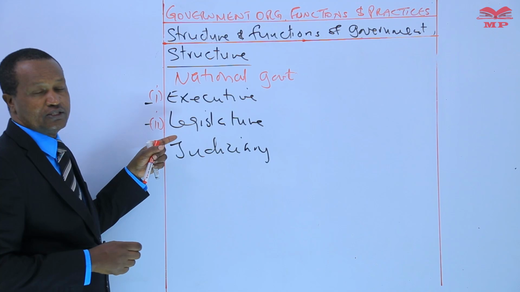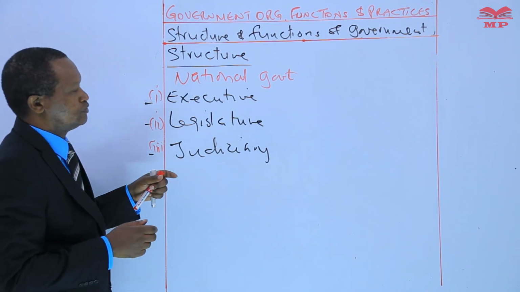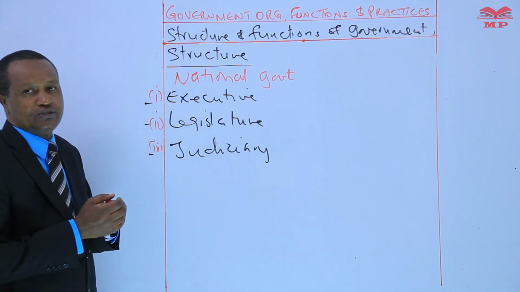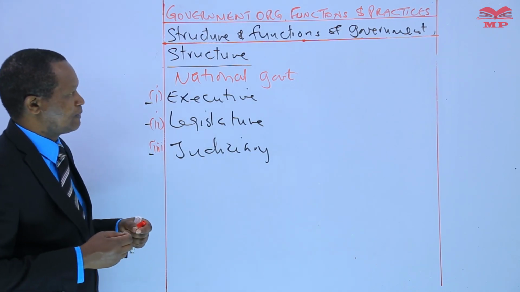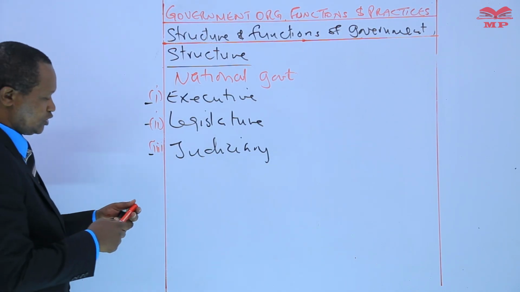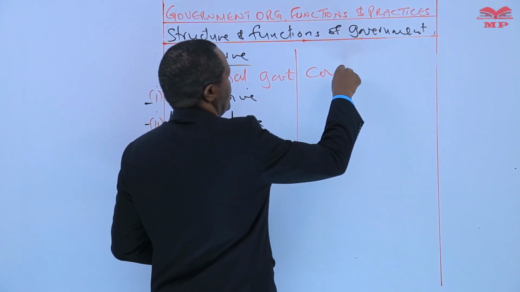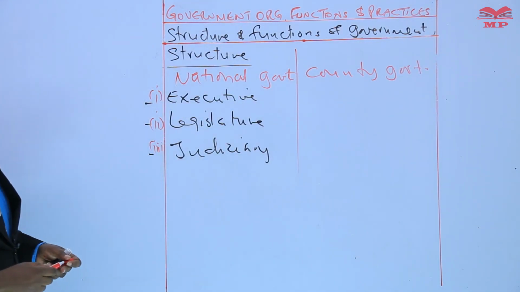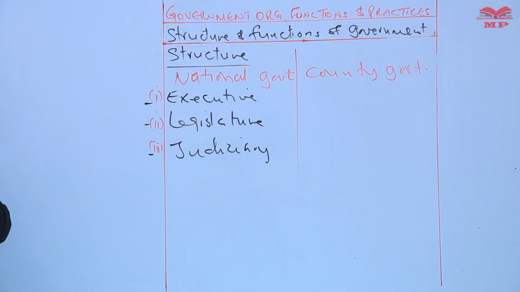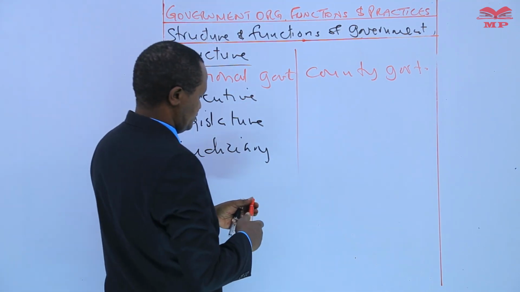You understand? The Constitution of Kenya also provides for devolution, which further decentralizes power and decision making to the county governments. And therefore, we also have a structure of the county government. The structure of the county government in Kenya is also based on the constitution, which provides for a devolved system of government.